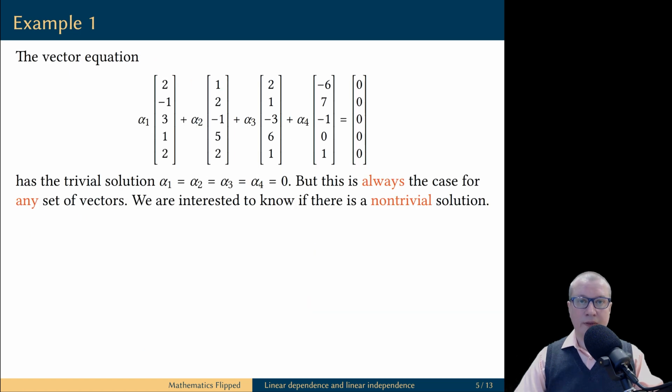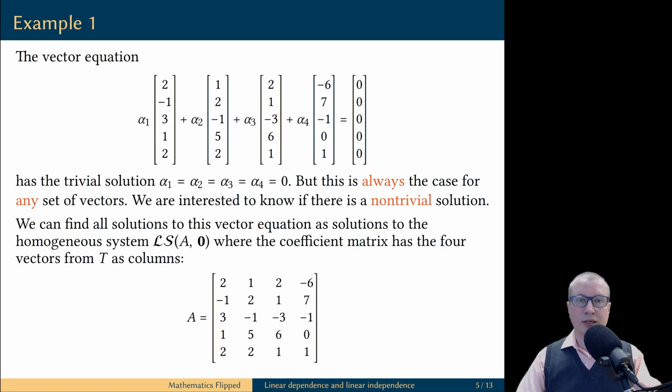Keep in mind that this vector equation always has at least one solution, the trivial solution where all scalars are equal to zero. For this reason, we call this the trivial relation of linear dependence. So the real question is not whether this vector equation has a solution in terms of the scalars. The question is, are there any non-trivial solutions?